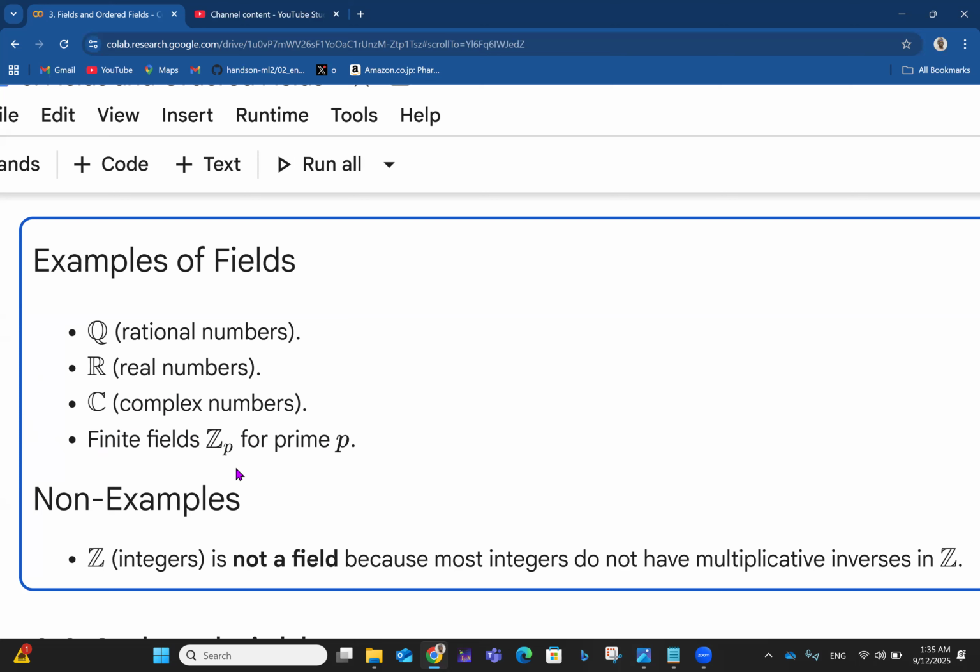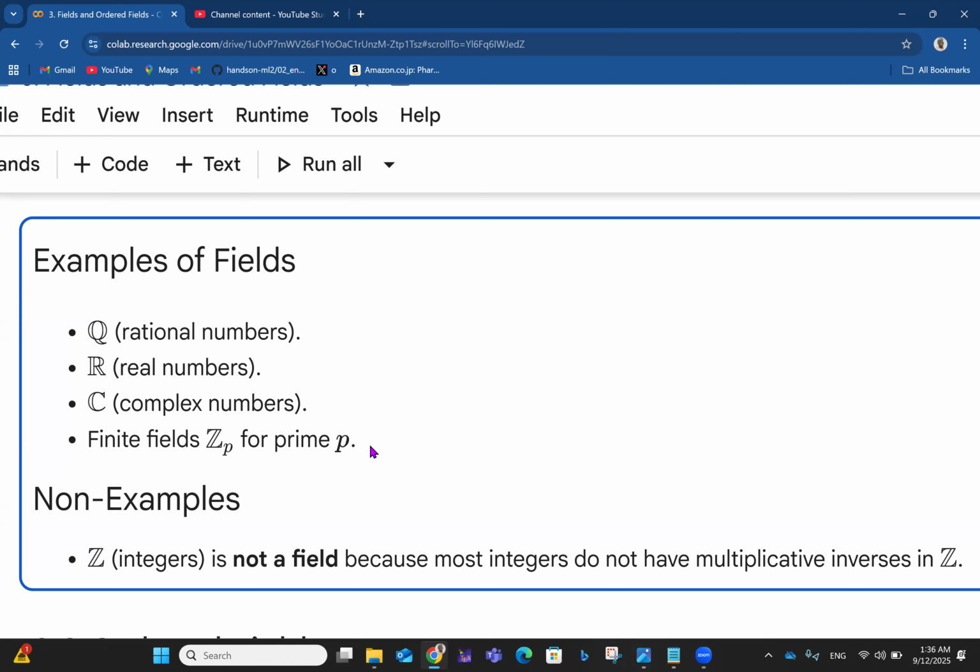Prime integers, I think that's the idea. Then we have non-examples. Integers are not fields. Z, which are integers, is not a field because most integers do not have multiplicative inverses in Z. Exactly.